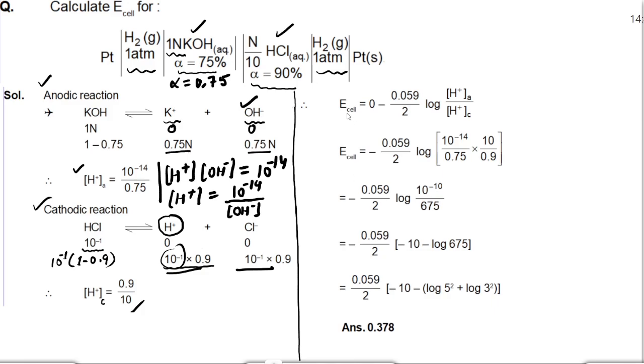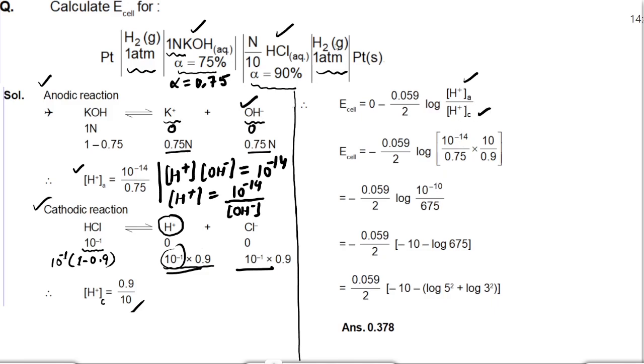So we have H plus ion anode, H plus ion cathode, both we have. So now E cell is equal to 0 minus 0.059 upon 2 log of H plus anode divided by H plus cathode.